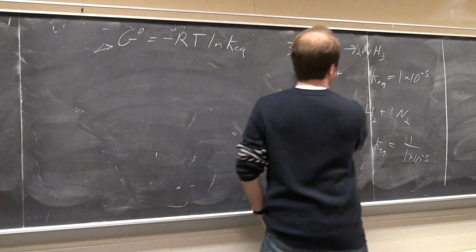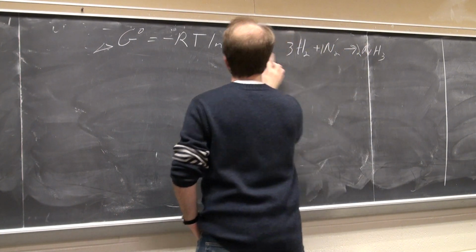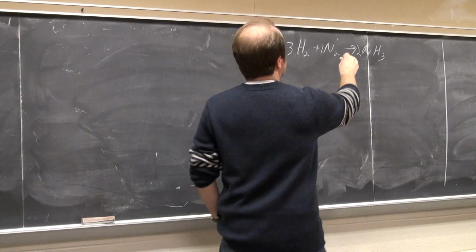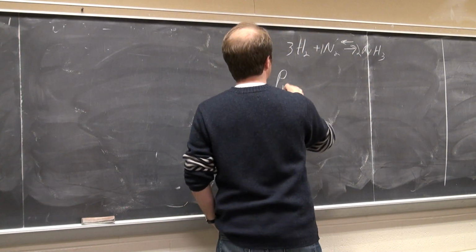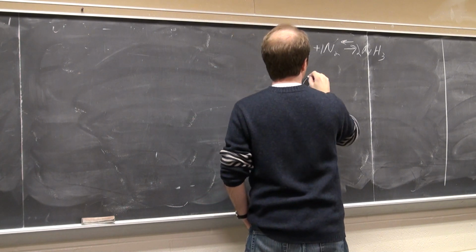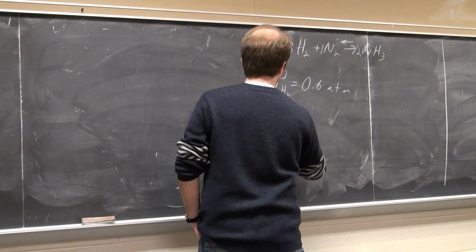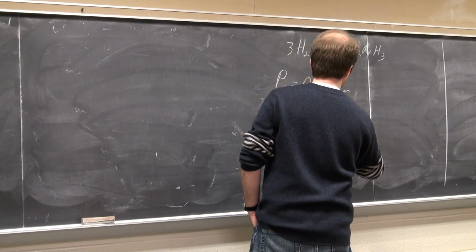So let me give you this reaction right here, since I have it written on the board. So this is reversible. So I say we run this reaction and the pressure of hydrogen is 0.6 atm. The pressure of nitrogen is 0.3 atm.